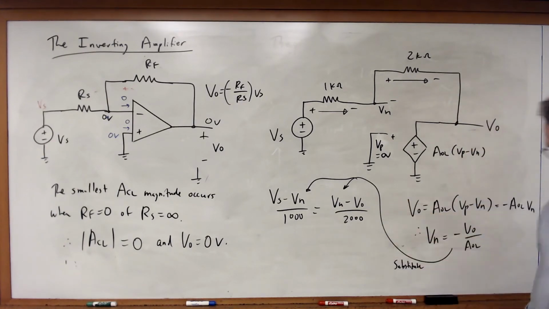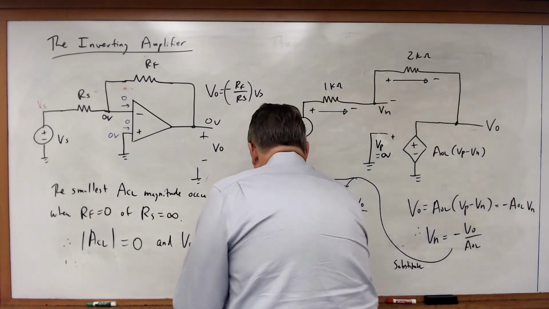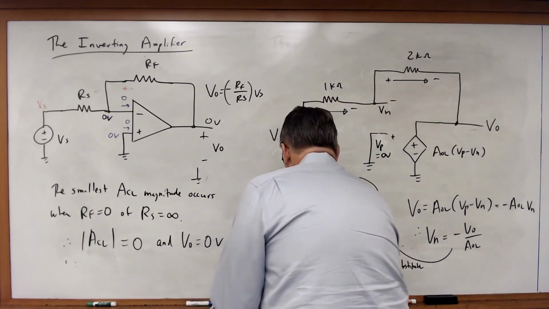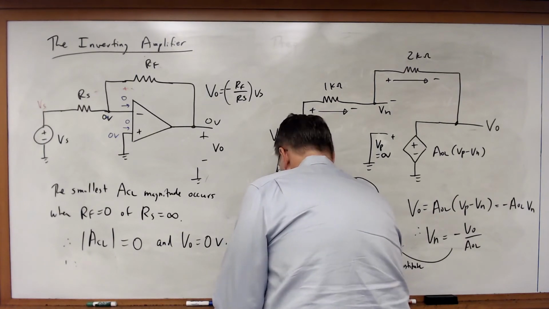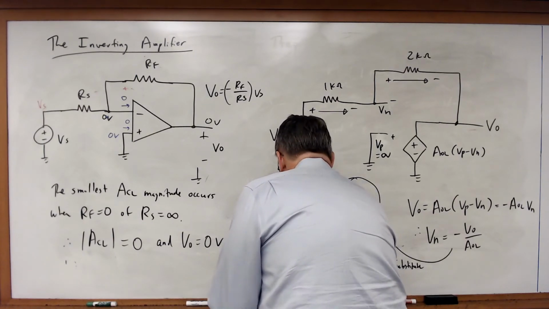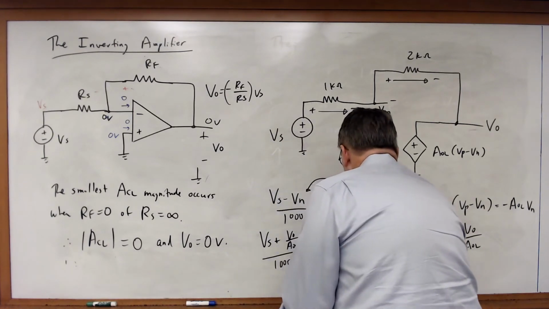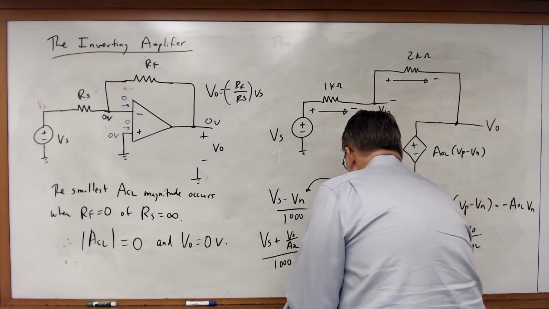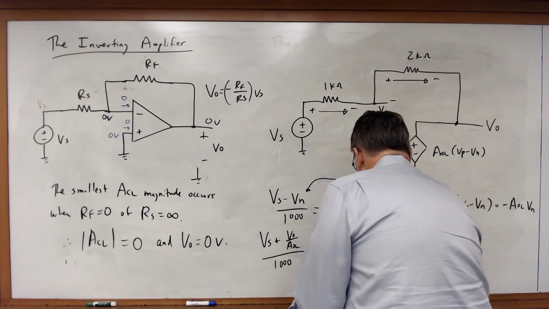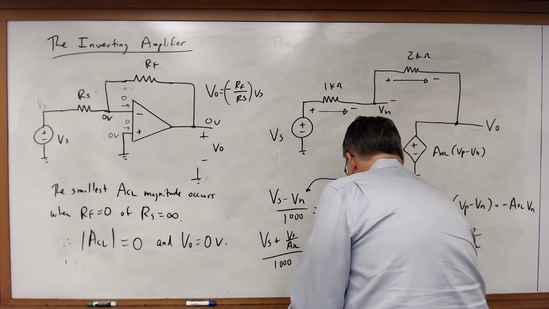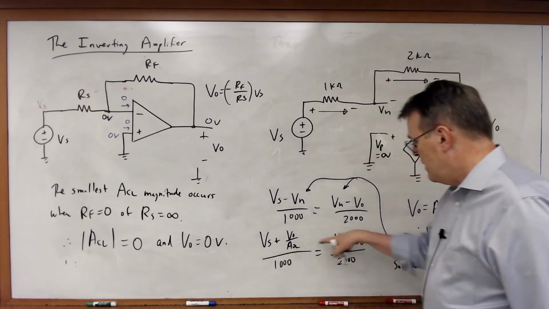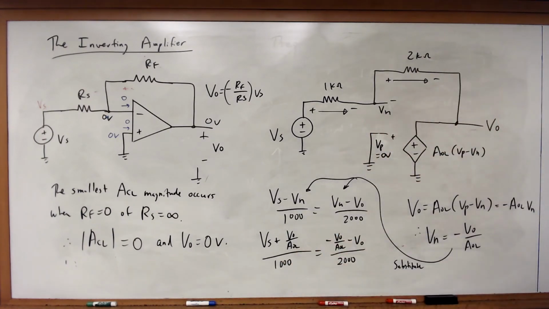And if we do that, what I'm going to get is that Vs plus VO over AOL, divided by 1,000, must be equal to minus VO over AOL minus VO over 2,000. And that's the expression I get.